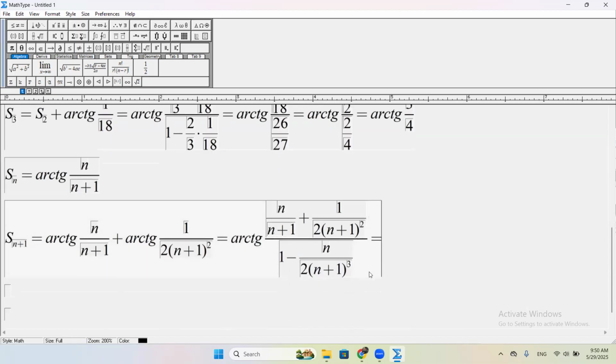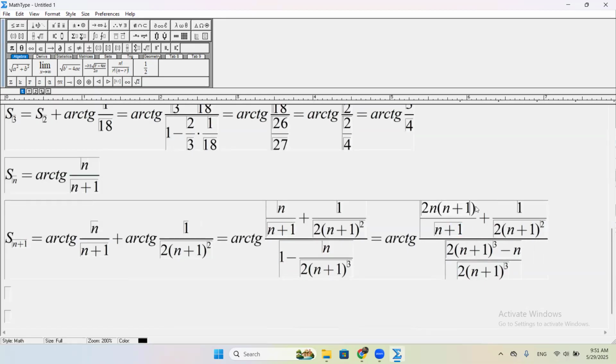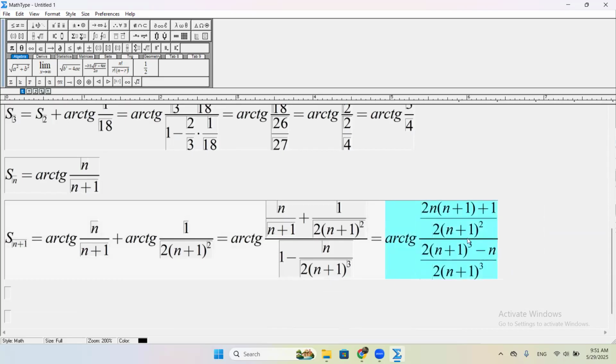So let's try to simplify it somehow. What do we have here? This expression minus n, finding the common denominator, so 2n by n plus 1. And again we receive the common denominator here.